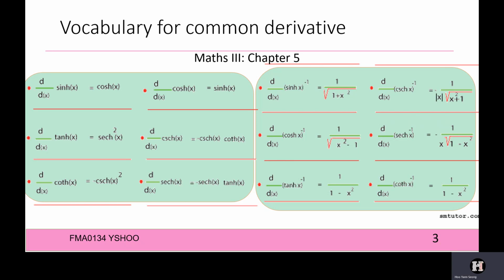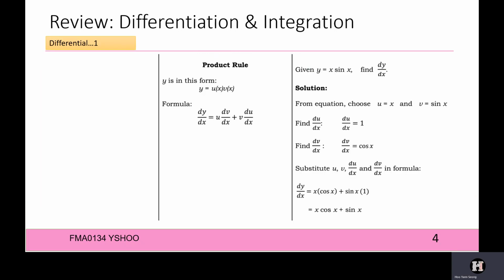Now let us look at the first one, differentiation using the product rule. The product rule must be in the form of UV. What is this UV?